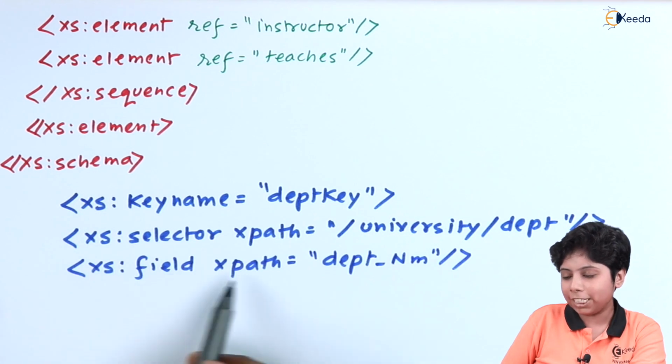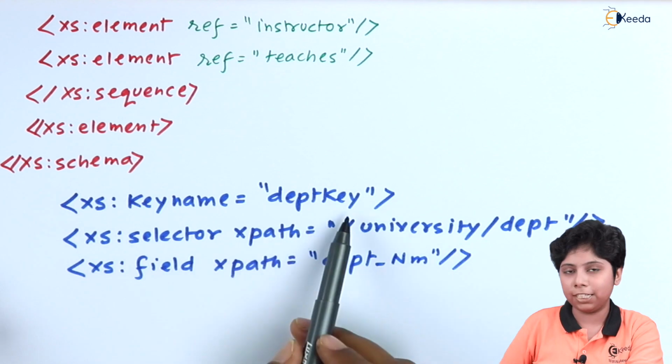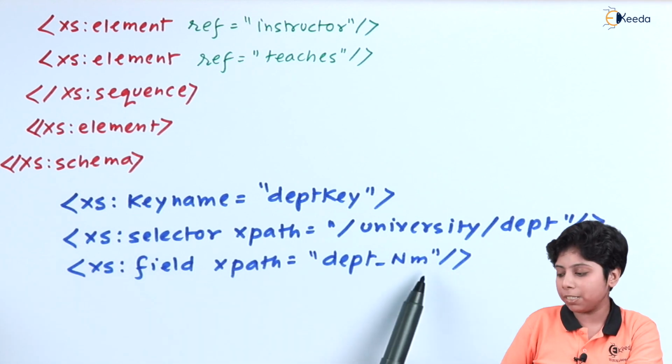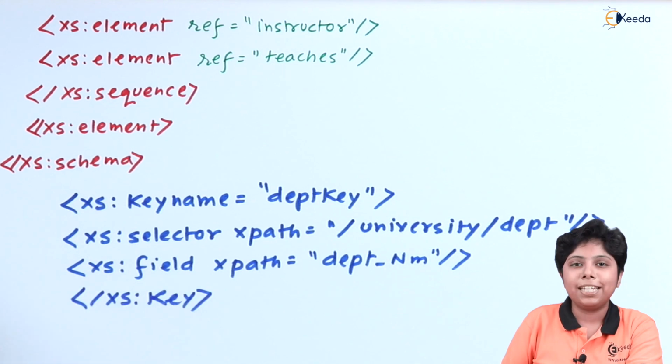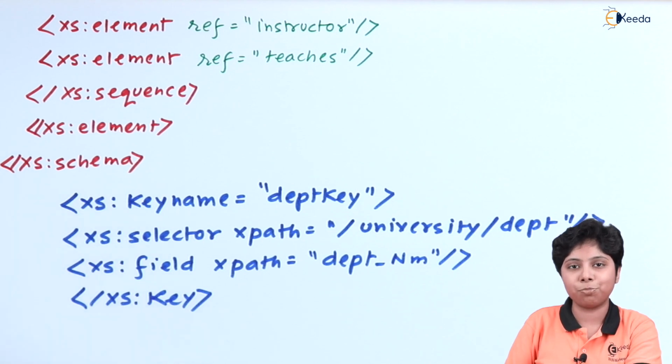Now the field XPath defines all the fields that will constitute that key. So now my primary key will have the department name. So the department name is the field. We can specify other names too if the primary key is a combination of fields. Now that we have constrained our primary key, we will see how a foreign key references this primary key.